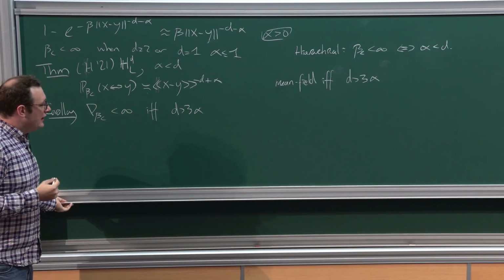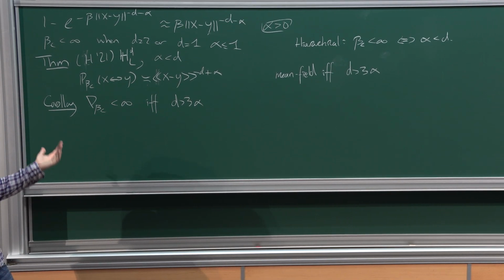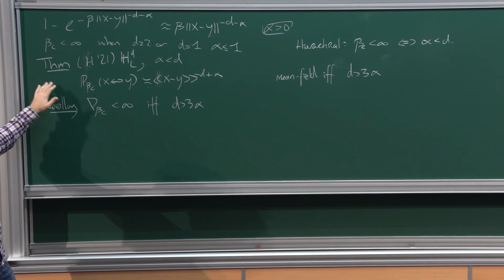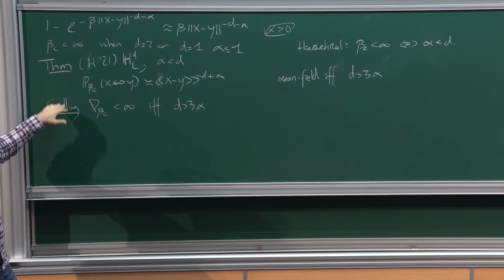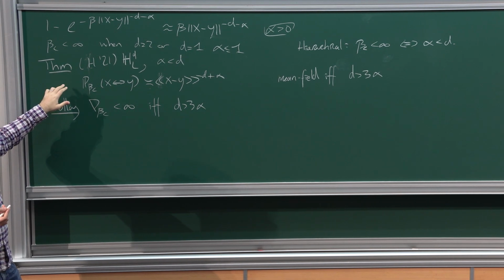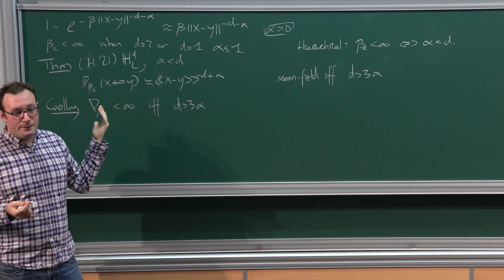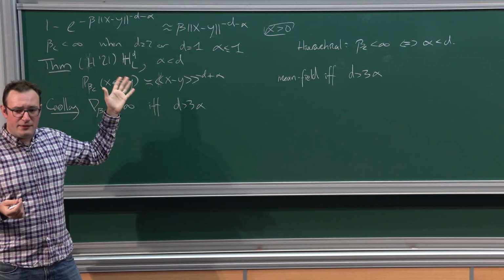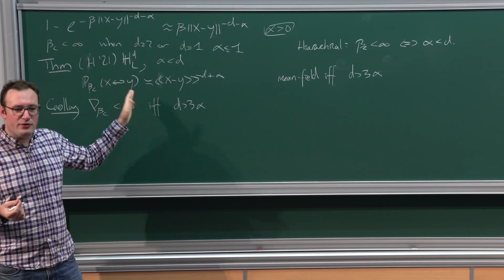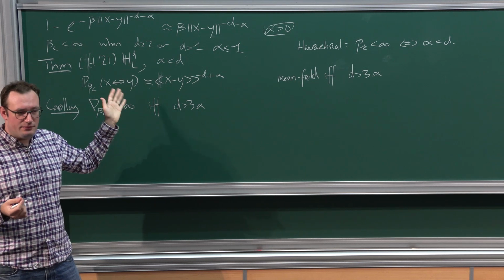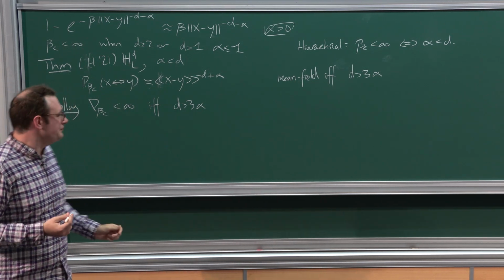In fact, we can also prove that the exponents don't take their mean field values when d is strictly smaller than 3 alpha, as a consequence of these rigorous hyperscaling inequalities I mentioned before, but I won't state that for now because we're going to state much stronger theorems soon.